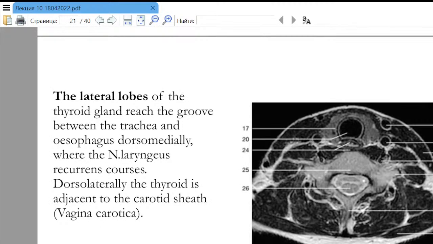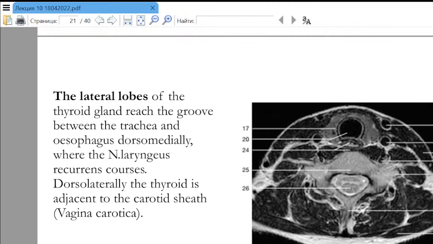The lateral lobes reach the groove between the trachea and esophagus, dorsomedially, where the recurrent laryngeal nerve runs.